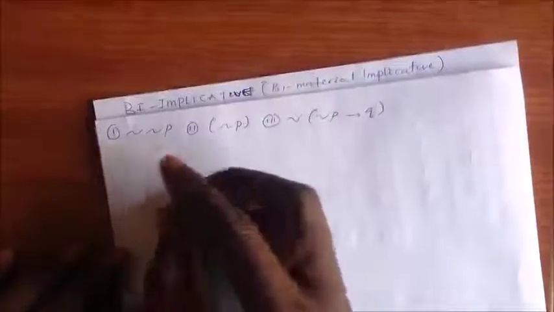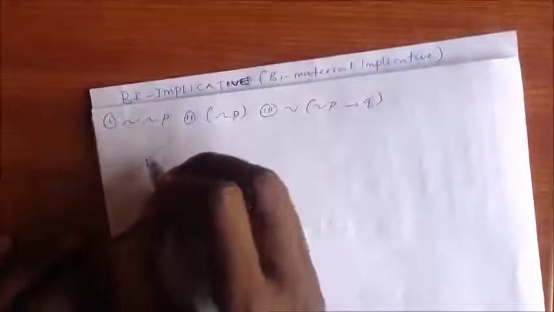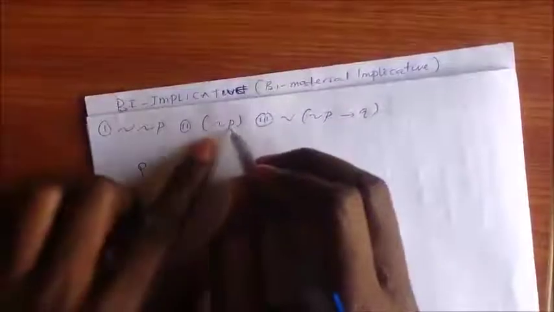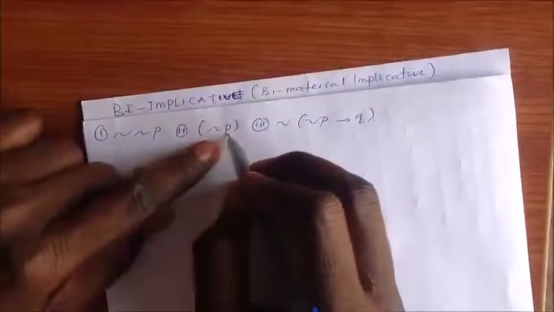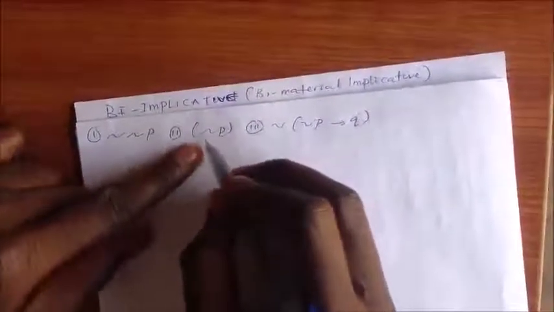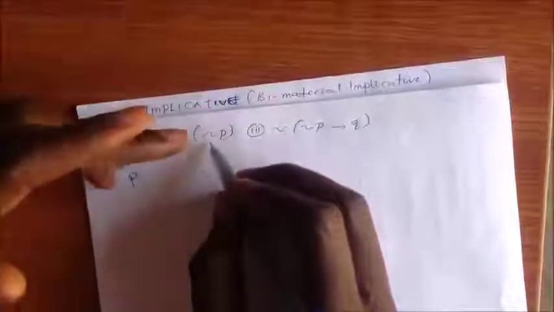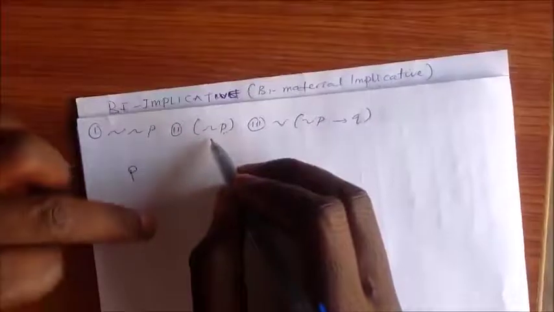So now let's see how it goes with an example. We have the negation of P. If you take the negation of the negation, it is just P, right? But now, negation of P put in brackets is not a well-formed formula, because negation is not a connective but a unary connective.